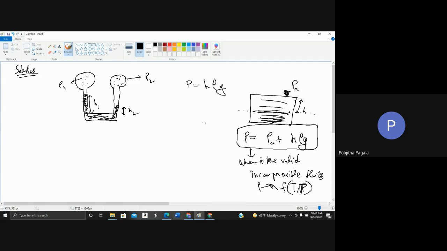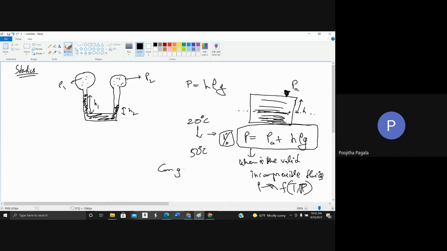For example, take water. When you change the temperature of water from, let us say, 20 degrees Celsius to 50 degrees Celsius, the change in the density is going to be less than 1%. So it is a very good approximation to consider water as an incompressible fluid.